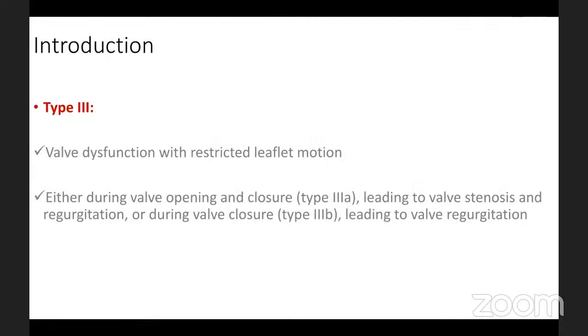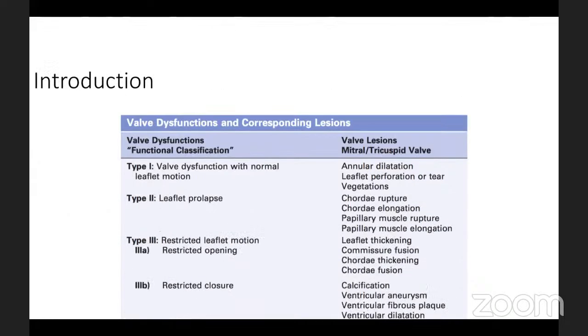In type 3, valve dysfunction with restricted leaflet motion, either during valve opening and closure in type 3A, leading to valve stenosis and regurgitation, or during valve closure in type 3B, leading to valve regurgitation.